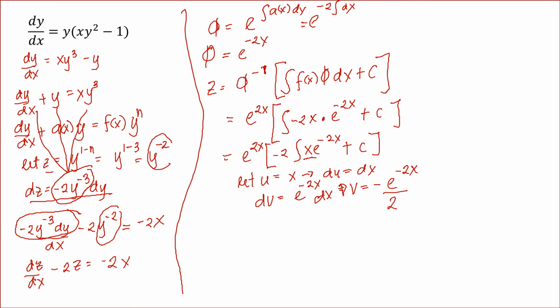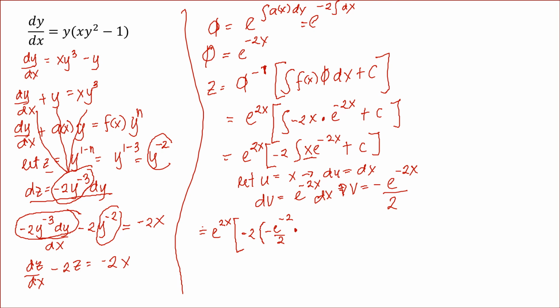So we have e^(2x) multiplied by -2 times [uv, which is -e^(-2x)/2 multiplied by u.